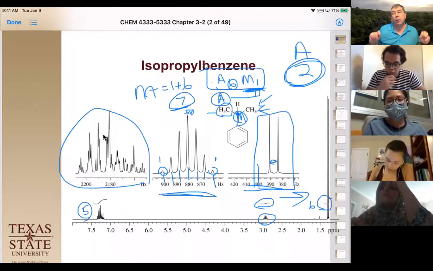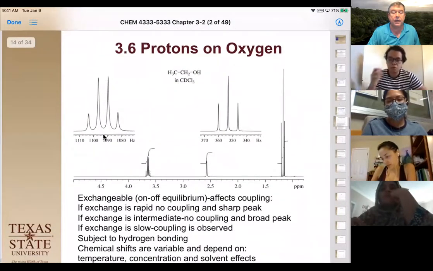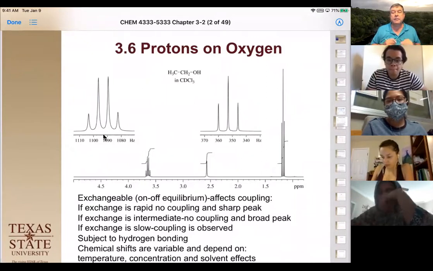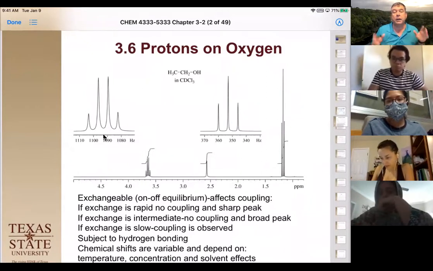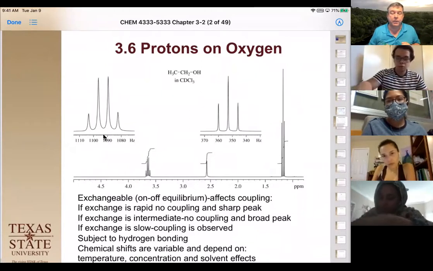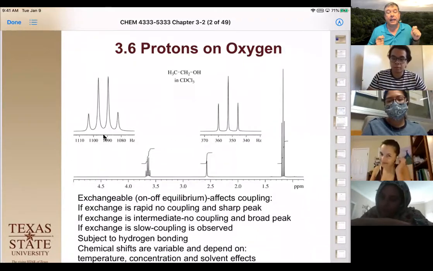However, that's not the only thing we have available to us in an NMR. And in fact, when we start looking at things like oxygens, now it gets a little complicated because sometimes the proton on an alcohol does split through those 3 bonds, and sometimes it doesn't, okay? And it turns out it's pretty solvent dependent.